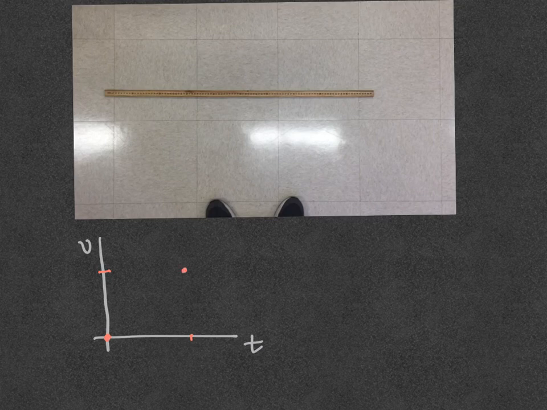So maybe right here. Now if we connect these dots, that shows me that there is a change in velocity over the time change. So that shows me there's a rate of change of velocity, and we call that acceleration.